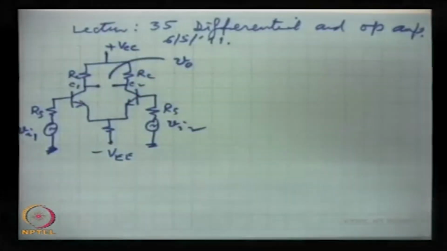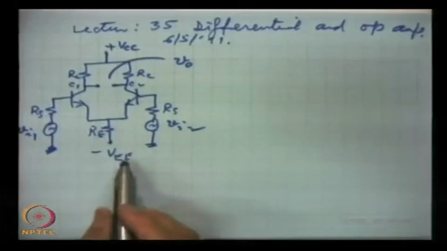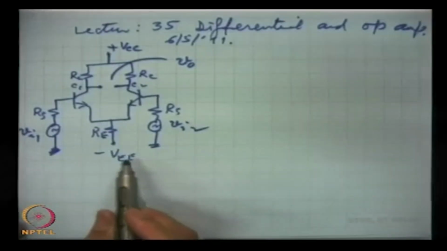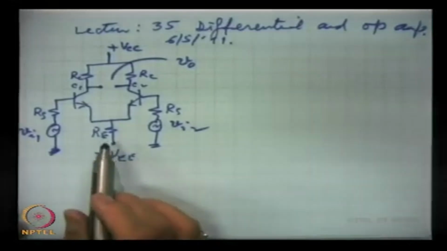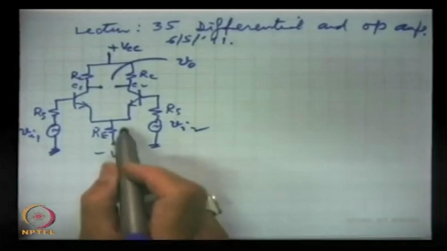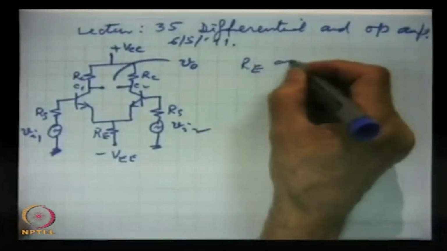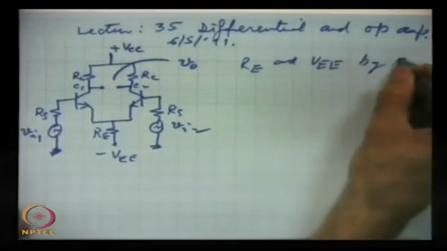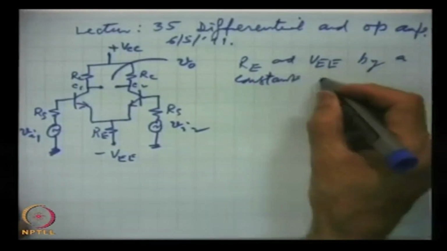For that we said that the purpose of this resistor RE and this DC source VEE is to supply a constant emitter current. So for AC analysis we can replace this arrangement of RE and VEE by a constant current source.